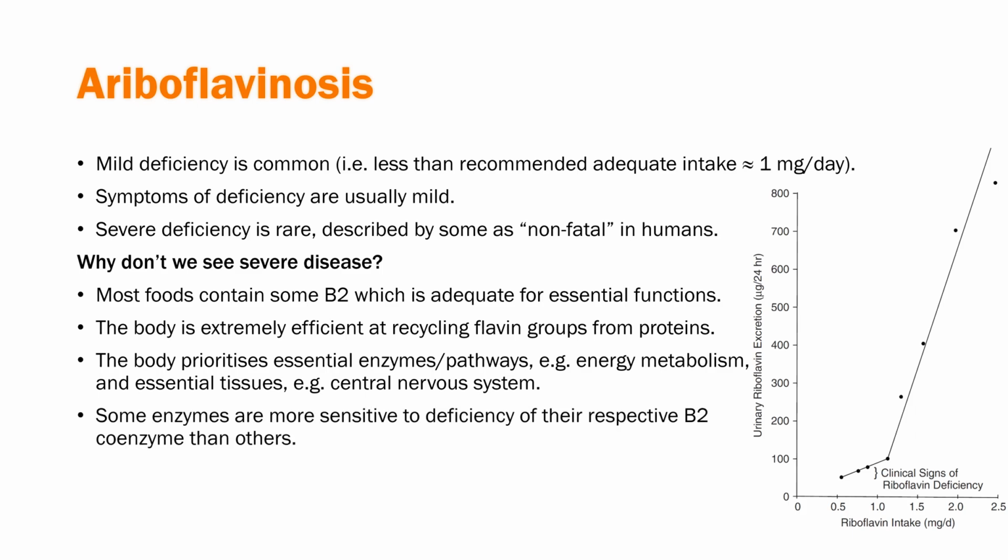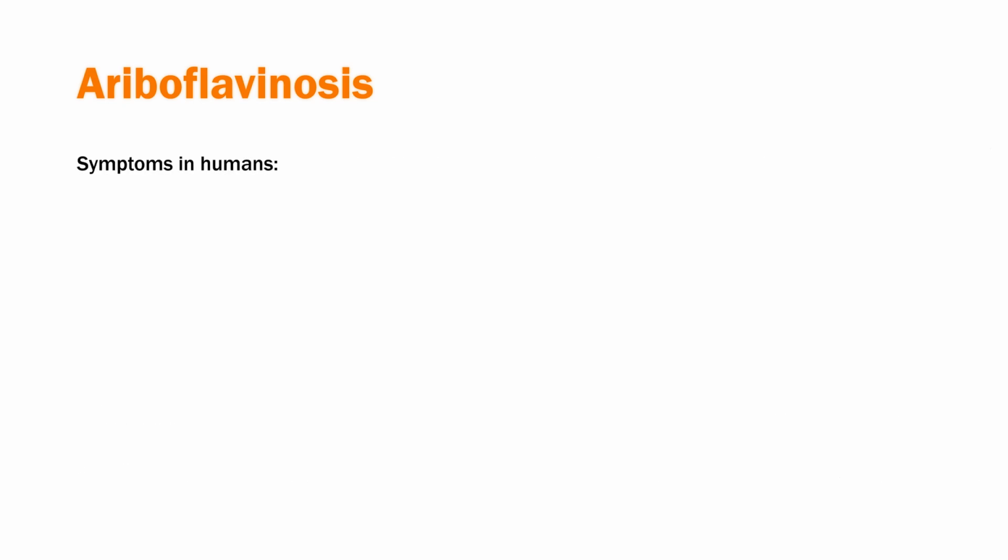Some enzymes are more sensitive to deficiency of their respective B2 coenzyme than others. Another mechanism might be the preferential conversion of FMN to FAD to preserve essential proteins. So what do we see? Instead of seeing disease in nearly all systems, like in thiamine deficiency, we see disease in the most vulnerable tissues, particularly those with high cell turnover and oxidative stress.